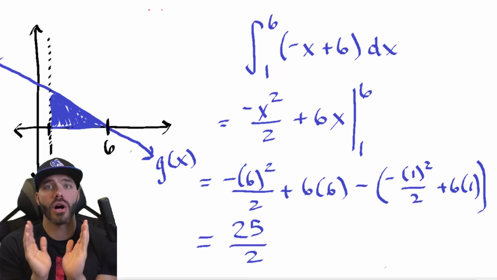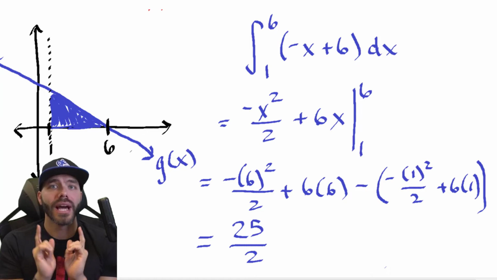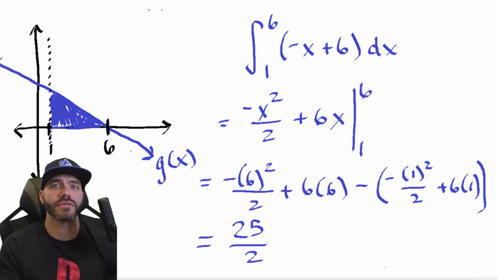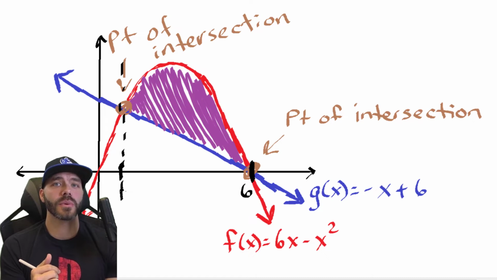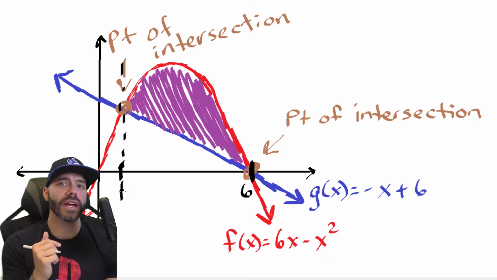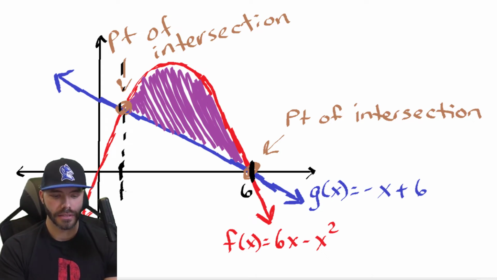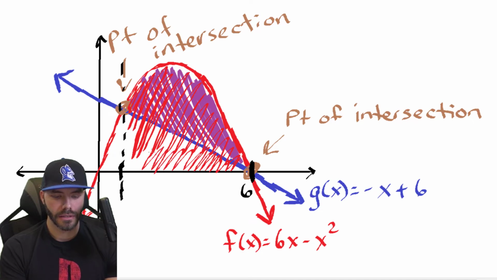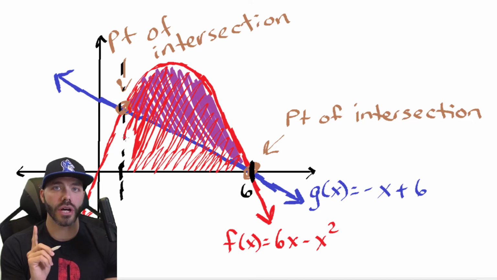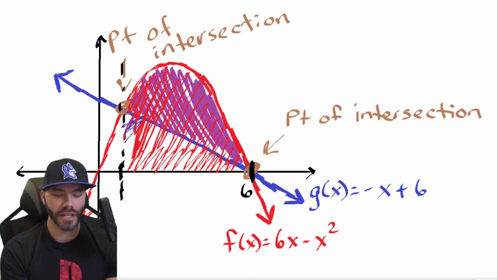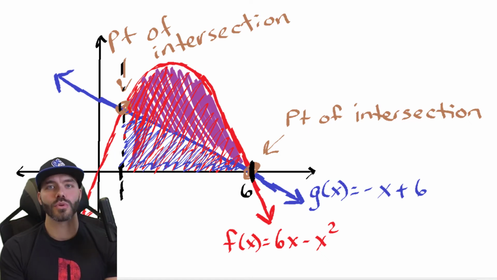All right, now let's go all the way back up to the original, and let's find the area between these two curves. So let's visualize what we want to do. We want to take the area under f of x, which was all of this, remember that was 100 over 3, and then we're going to subtract the area under g of x, which was this, which was 25 over 2.